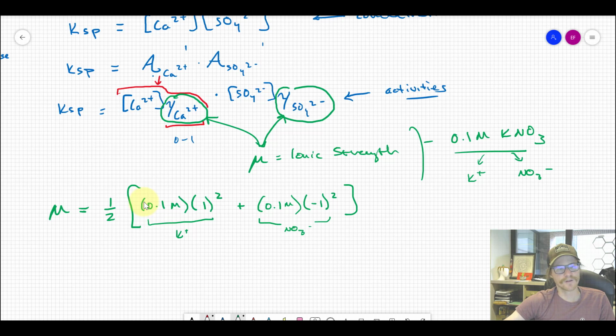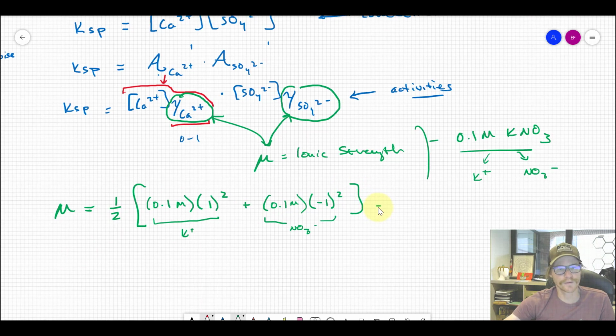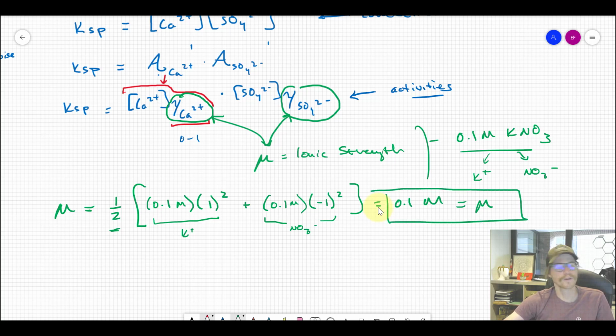So this value, if we compute it really quick, is just going to equal 0.1. So that's 0.1 molar, and that comes from 0.1 plus 0.1, and then the half. Don't forget the half. So our ionic strength of this solution is 0.1 molar.